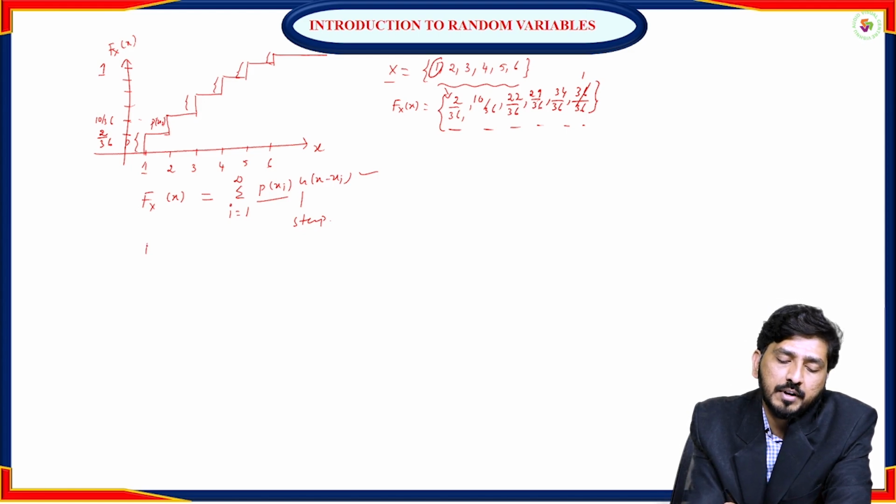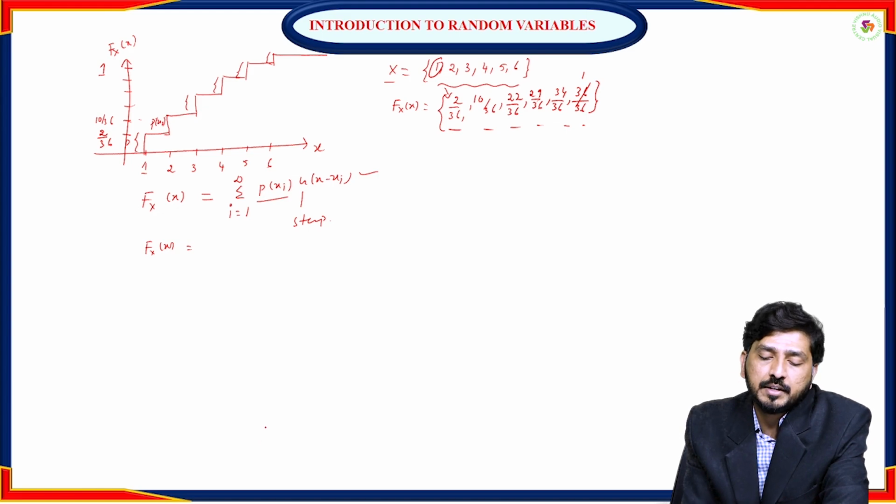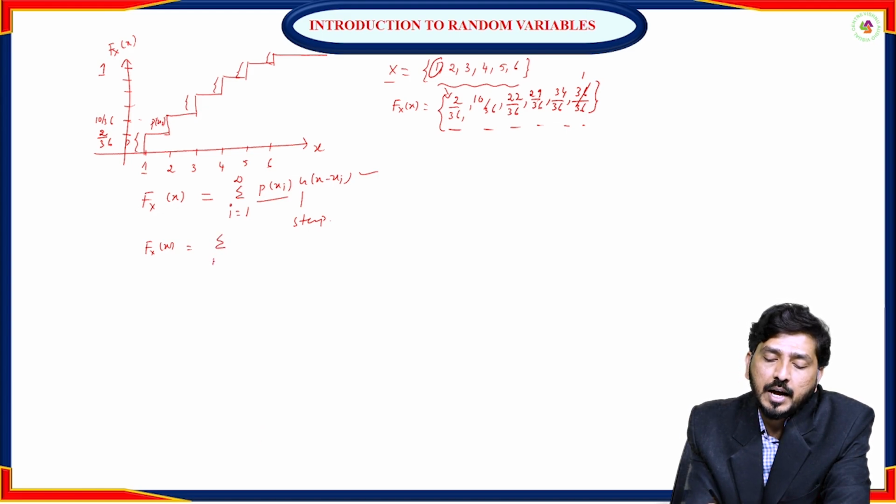Similarly, we will write the expression for the same question: Fx of x is equal to summation i equal to 1 to 6 of probability of xi and u of x minus xi.